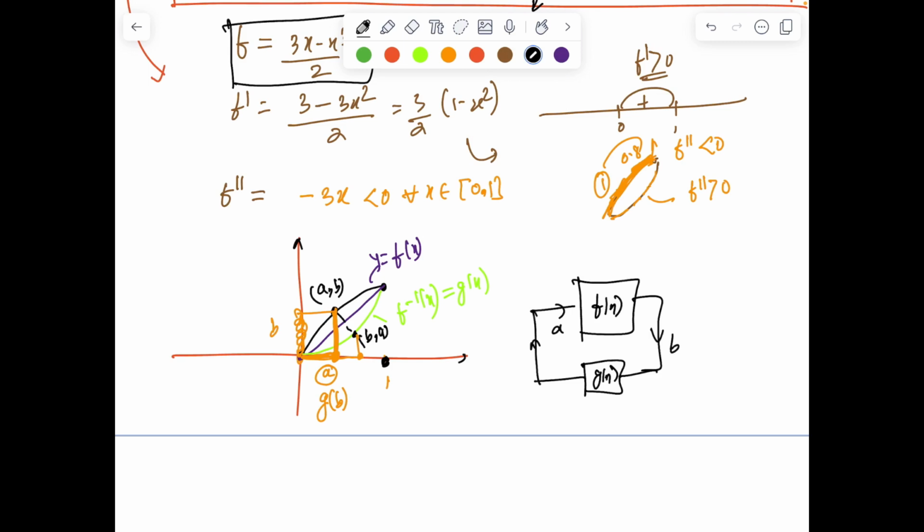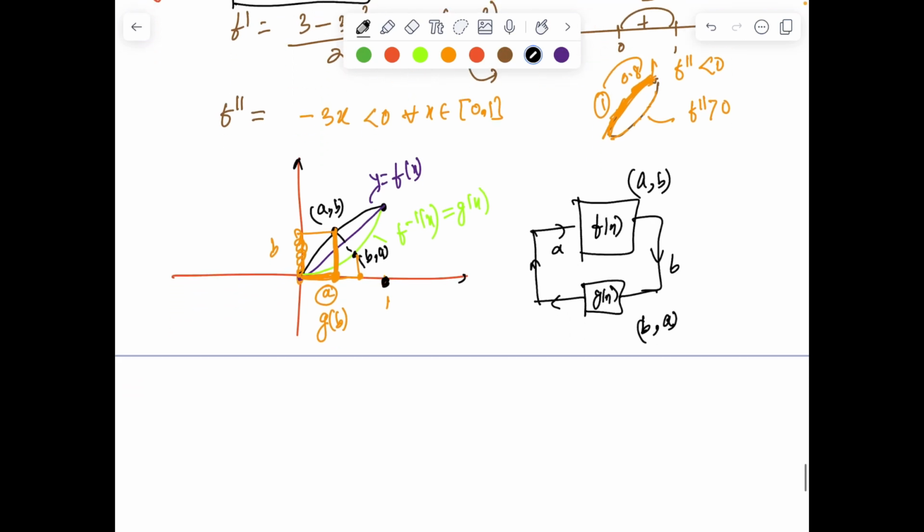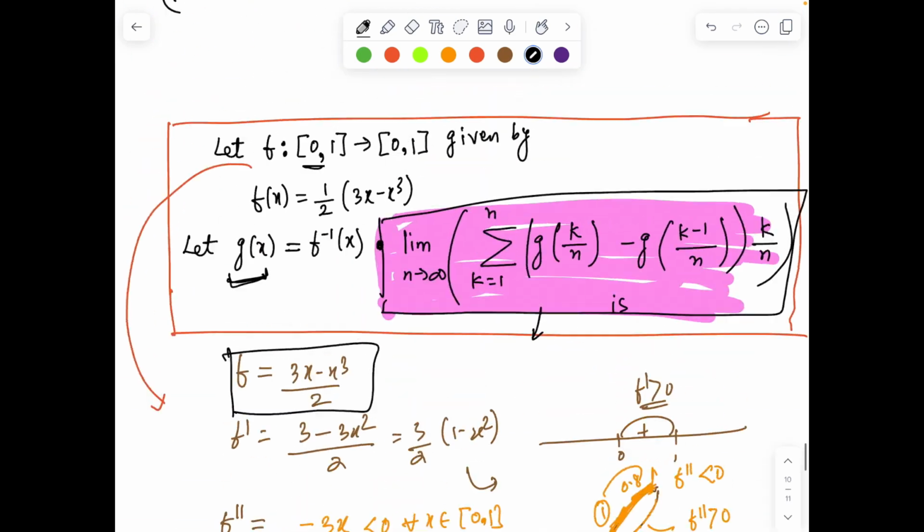It means if the function is eating a and giving b, g of x will eat b and produce a. So the pair (a, b) is being inverted to (b, a), and that's why the name is inherited in inverse function. So on the function, if I take any point with the height of b, the corresponding x coordinate on the function f of x is going to be g of b. Similarly, if I take a height of c, let's say, the x coordinate is g of c, just a language.